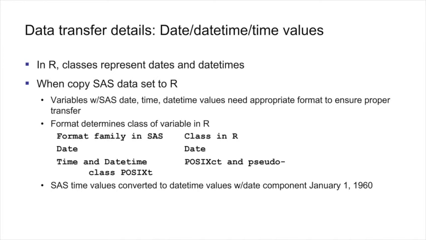And if it sees a time or datetime format associated with the variable, it's going to put it into the class of POSIXct, and pseudo-class POSIXt. One thing to note is that there's no real concept of time values in R. So what they do there is they just make the time into a datetime value with a start date of January 1st, 1960. But the key is you have to have formats on those date, time, or datetime variables in order for the interface to understand when you copy.